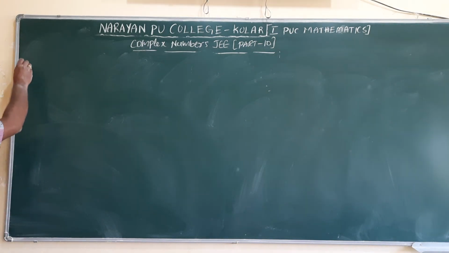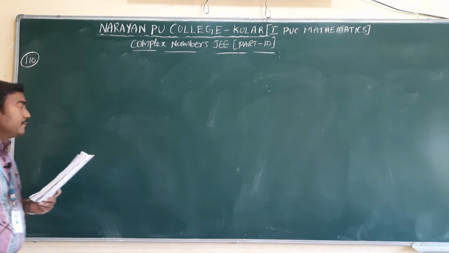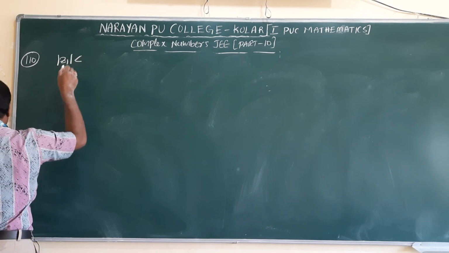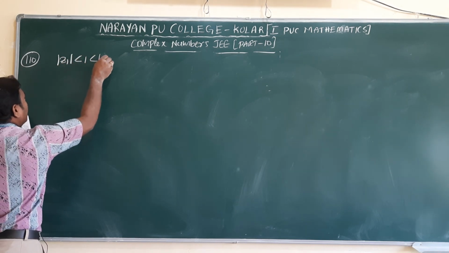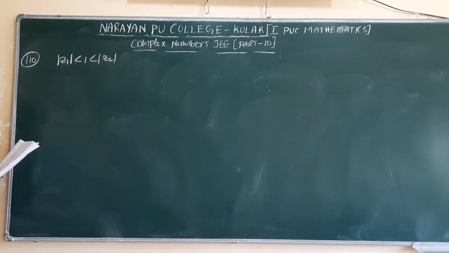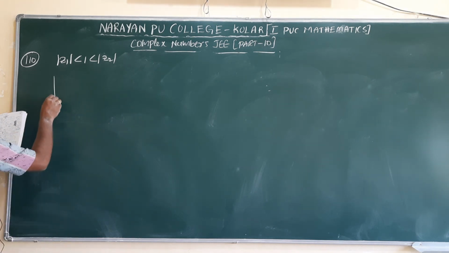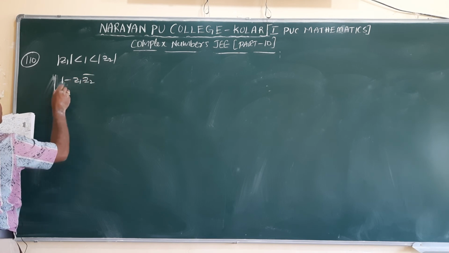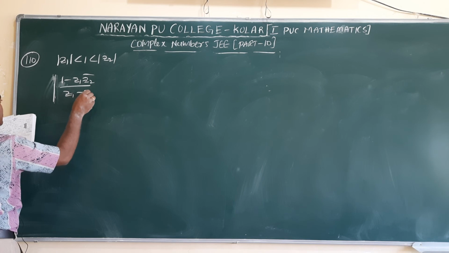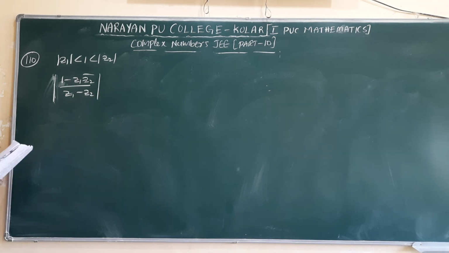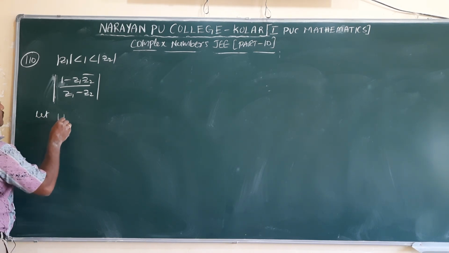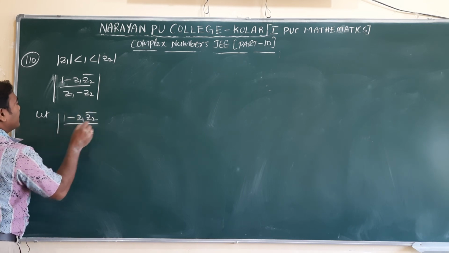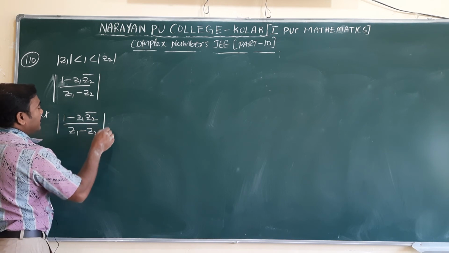Question number 110. If z1 and z2 are two complex numbers such that modulus of z1 is less than 1 is less than modulus of z2, then modulus of 1 minus z1 into z2 bar divided by z1 minus z2 is, let us consider it as, let modulus of 1 minus z1 into z2 bar divided by z1 minus z2 be less than 1.